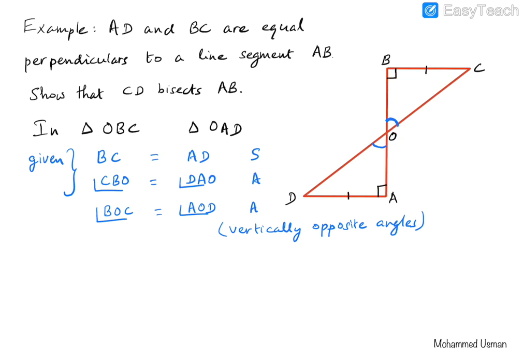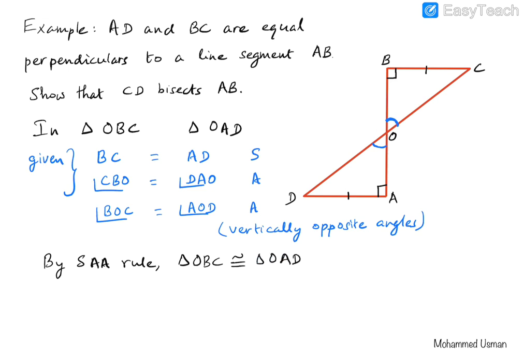Either way, it doesn't matter, because when you have two angles and one side which are equal, the order does not matter. So you can write by SAA, by side angle angle rule, we can say that triangle OBC is congruent to triangle OAD.